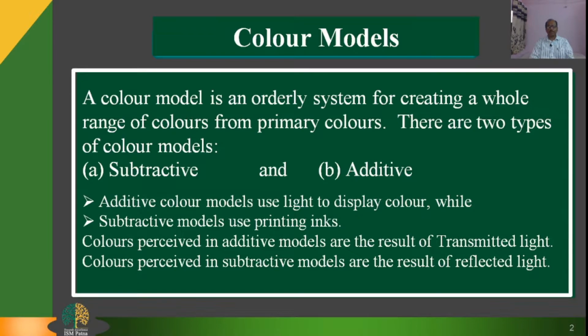Colors perceived in subtractive models are the result of reflected light. So the additive model relies upon transmitted light, whereas the subtractive model relies on reflected light.